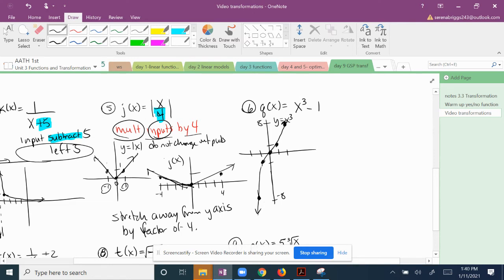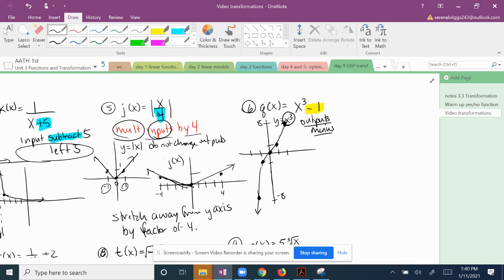Now, what's going on here? Should I get my yellow highlighter marker or my blue? I'm choosing yellow because I'm taking the parent graph right here, the output of it, and subtracting 1. This is outputs minus 1. It is not counterintuitive when you do an output transformation. It's very intuitive.